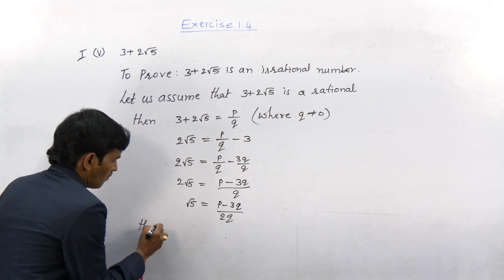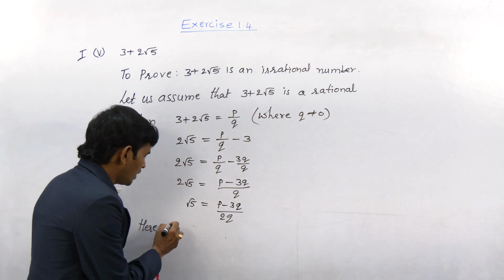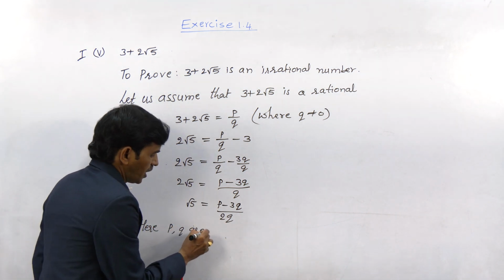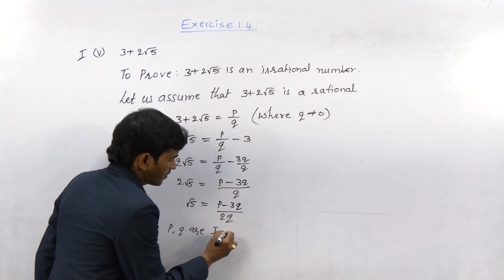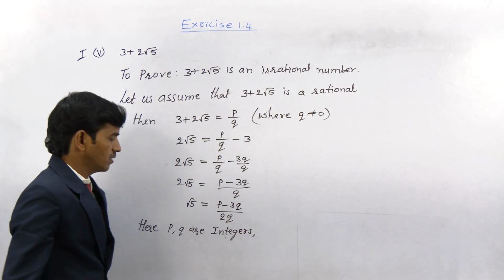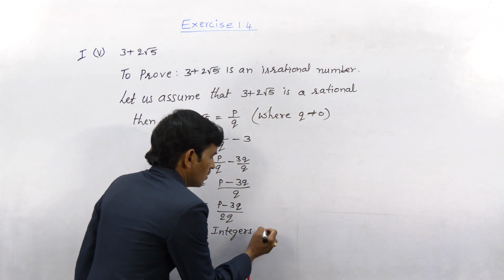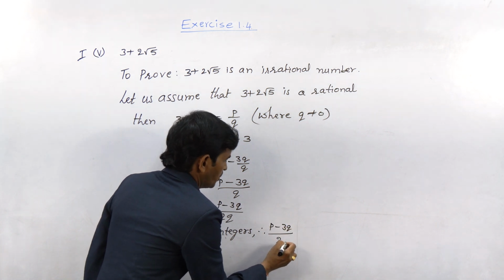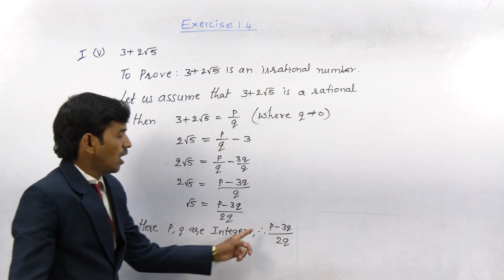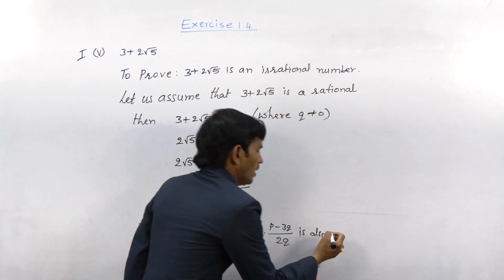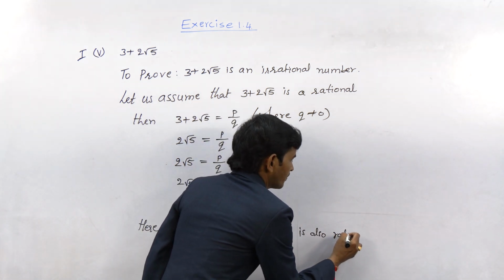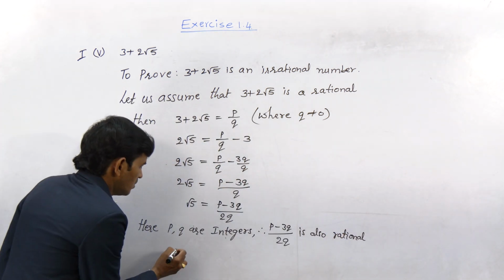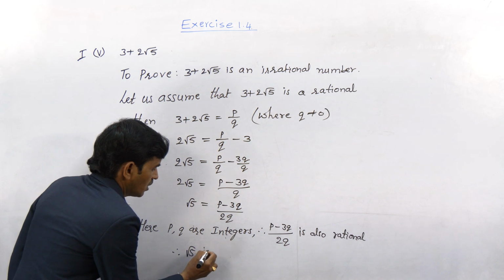Here what do we observe? p and q are integers, right? Therefore p minus 3q by 2q also becomes a rational number. So root 5 is what?